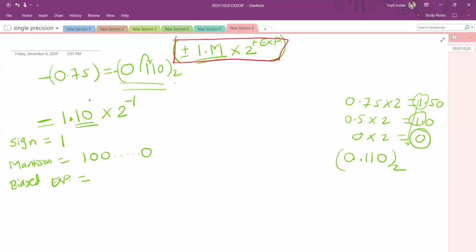If I want to represent this number in single precision format, biased exponent will be your actual exponent, minus 1, added to 127, that is 126. And if I want to represent in double precision format, my biased exponent will be minus 1 plus 1023, that is 1022.